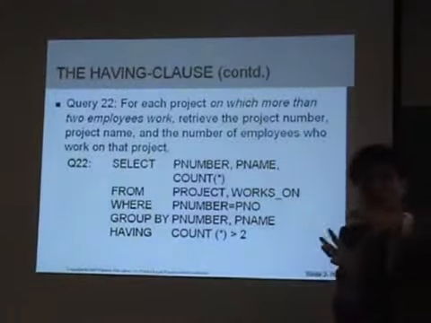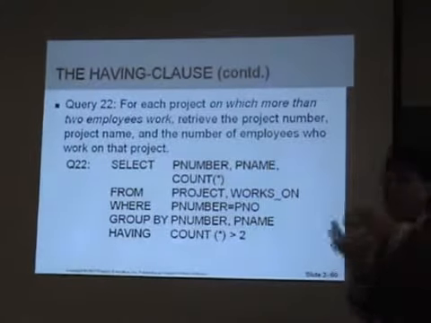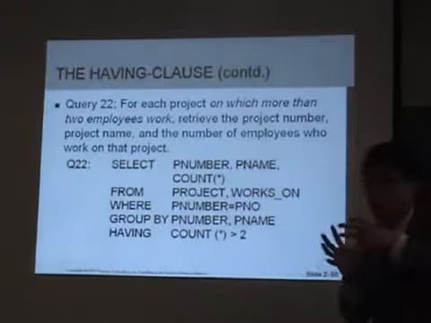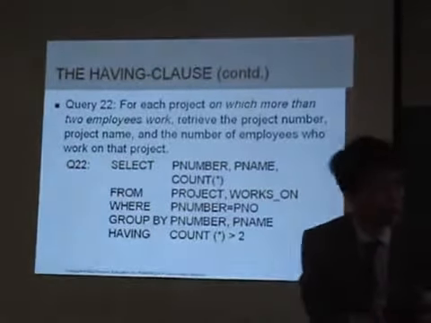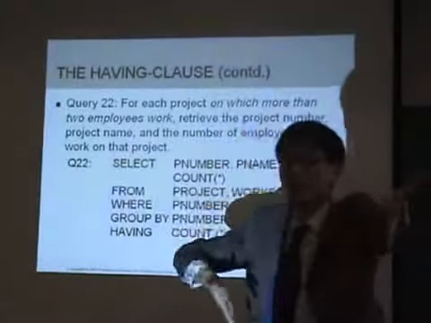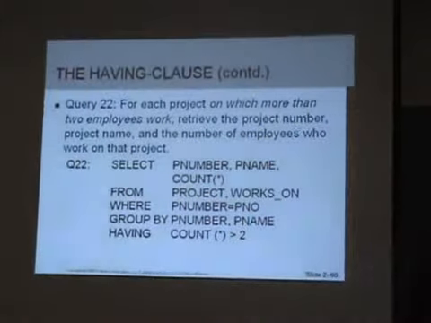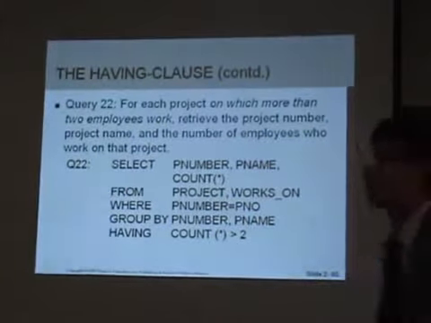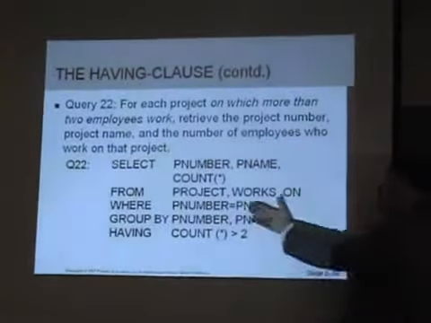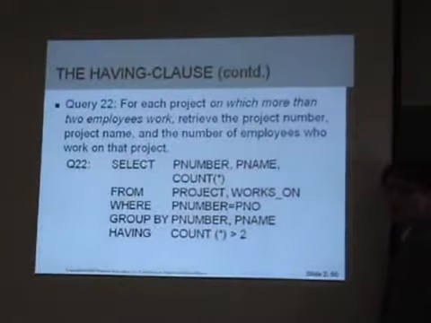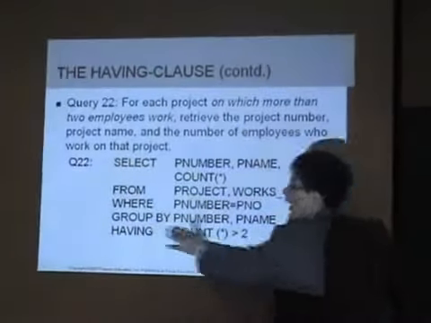First, we are going to find the project which has more than 2 employees. Which means, how can you compare it? First, you need to group by project. Then check whether this is more than 2, whether this is more than 2. So you cannot add such a group condition to where. Instead, we have another clause, having.